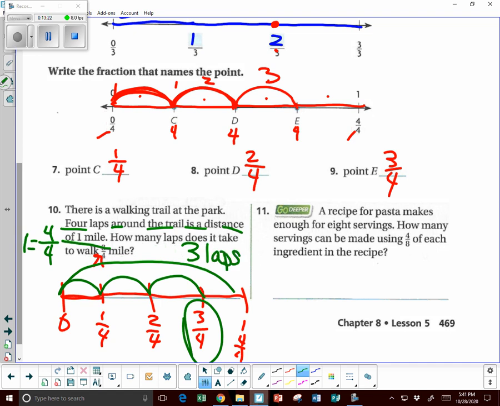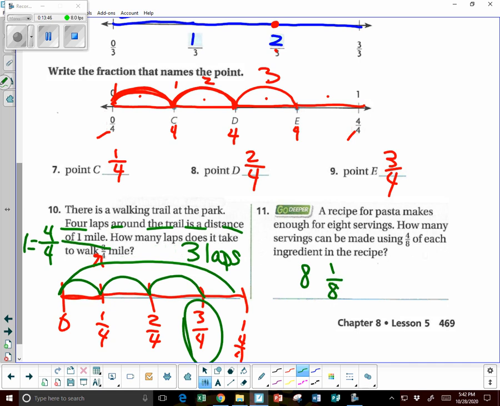Okay? A recipe for pasta makes enough for 8 servings. How many servings can be made using 4/8 of each ingredient in the recipe? Okay? You have 8 servings. Each serving is 1/8.